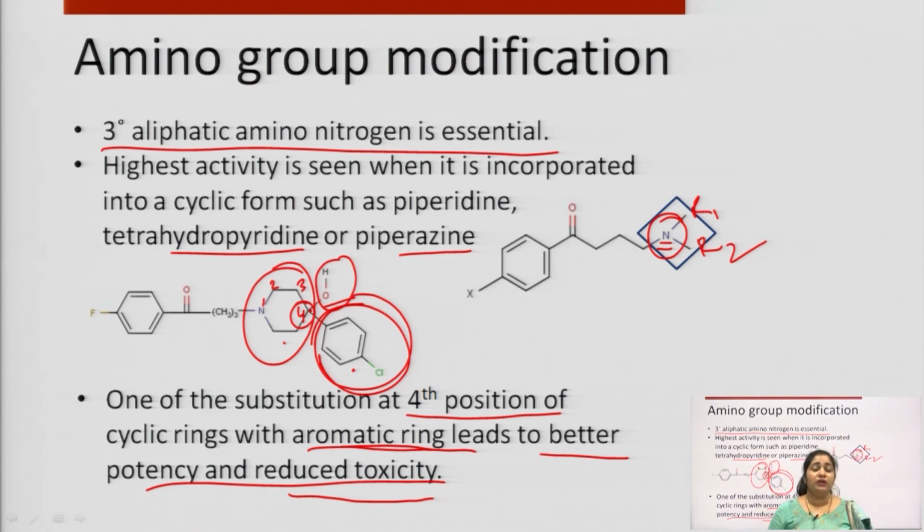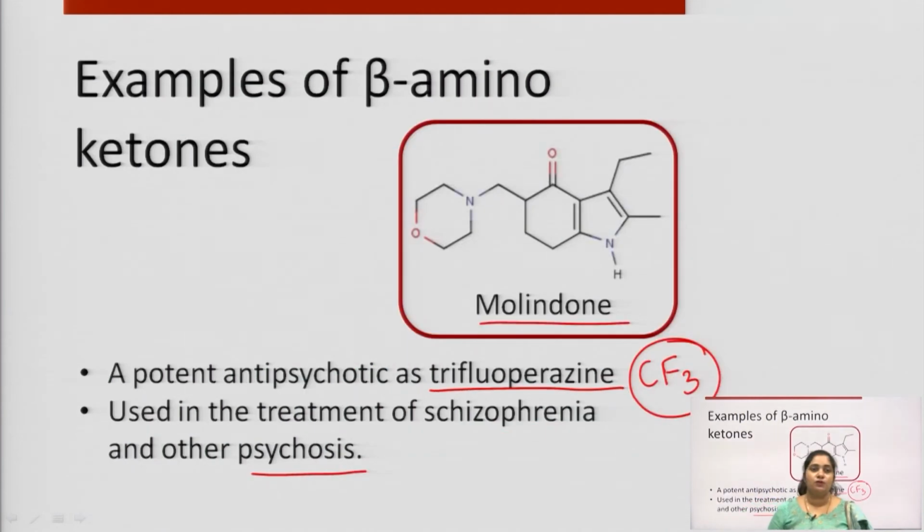And if we want to increase the activity of this piperazine derivative as well, then we must substitute the 4th position of these cyclic rings to have better potency as well as reduced side effects.